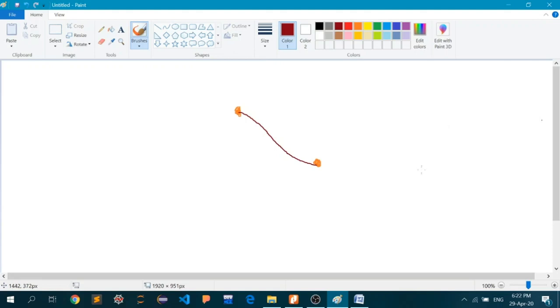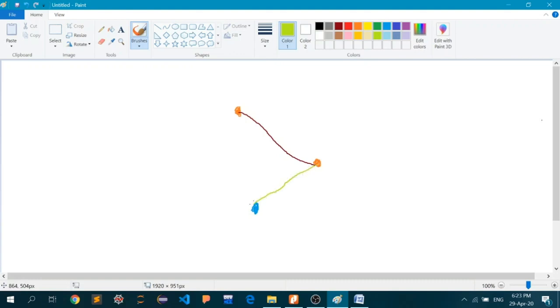Now, suppose your friend has a friend whom you're not friends with. Let me draw that to make it more clear what I'm trying to say. Let's draw it here. Now this node has a relationship with your friend, obviously, because both of these are friends on Facebook. So I will draw the relationship between them.